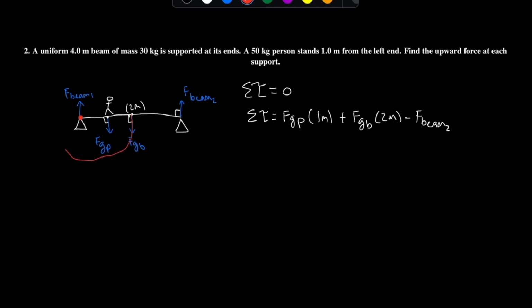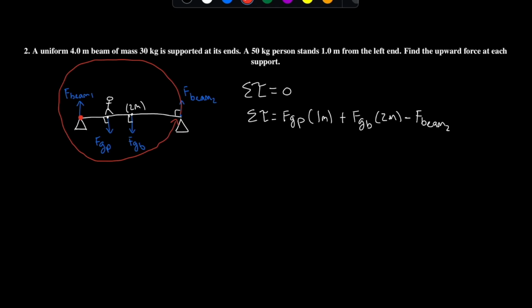The force of gravity of the beam will rotate the beam also in the clockwise direction. So the force of gravity of the person and the beam will rotate the beam in the clockwise direction, but the support is going to rotate it in the counterclockwise direction.